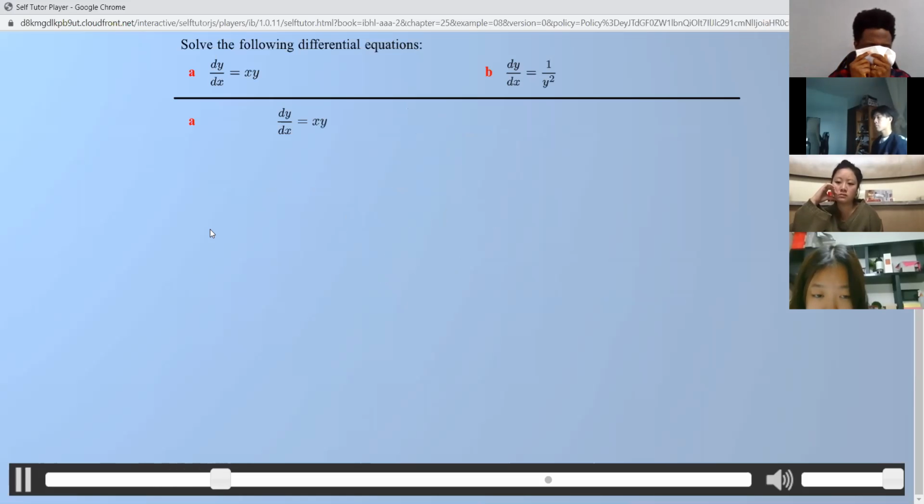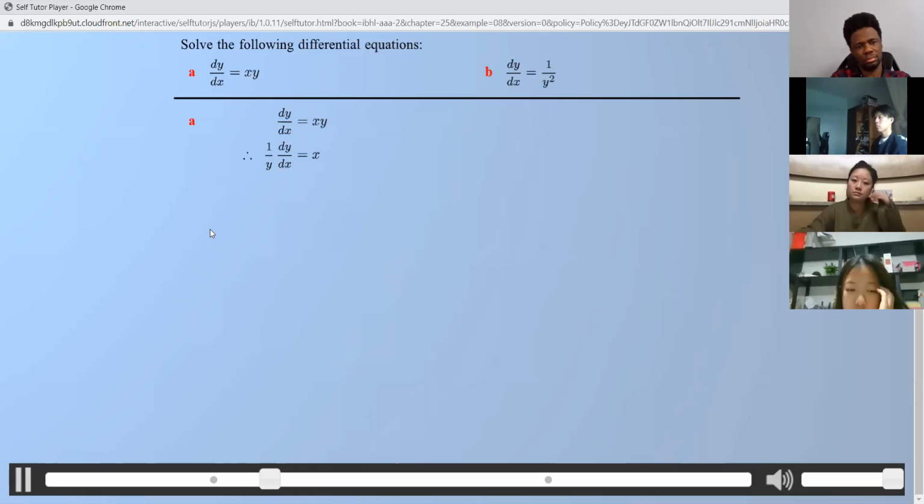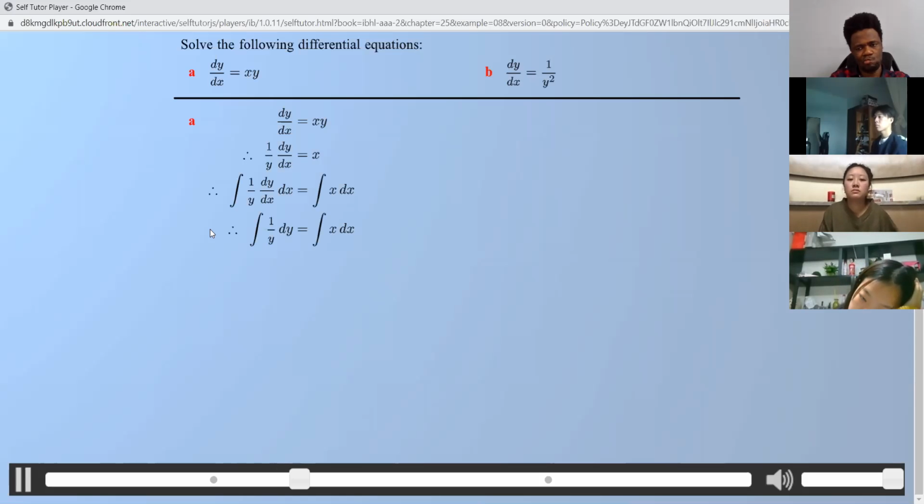In part A, dy by dx is xy. We want to separate the variables so that only y is on the left and only x is on the right. So, we divide both sides by y. We now integrate both sides with respect to x. Applying the chain rule, the integral on the left-hand side is now in terms of y only. We can now perform the integration on each side. On the left-hand side, the antiderivative of 1 over y with respect to y is ln of modulus y.